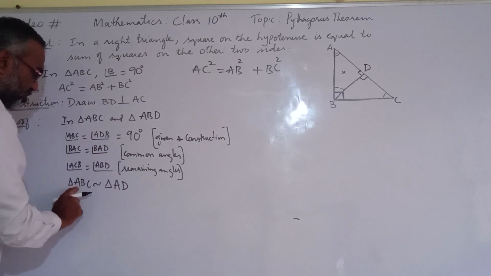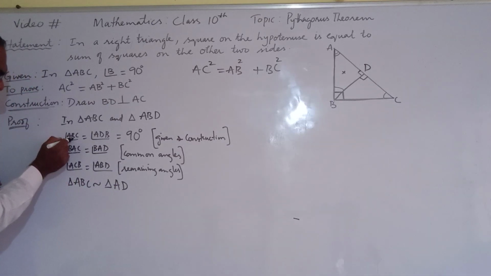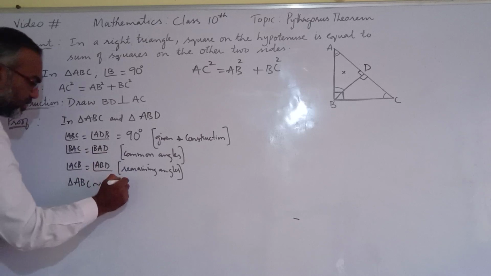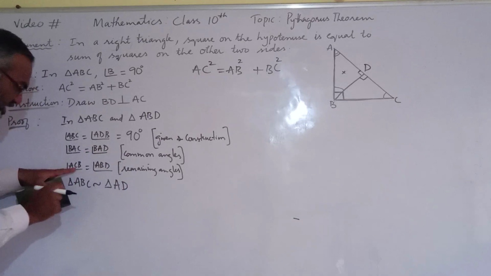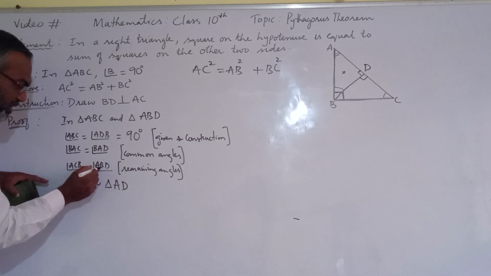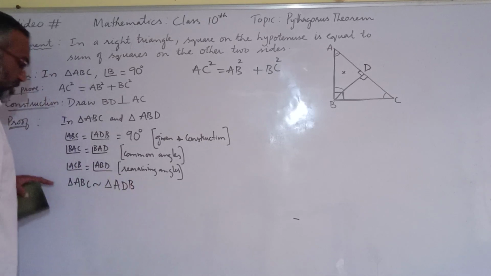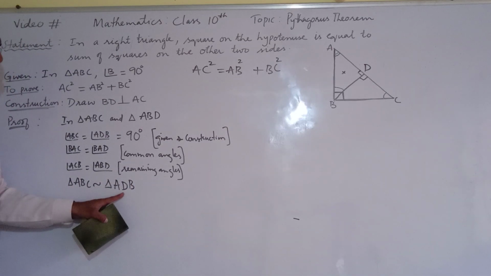So A is corresponding to A, B is corresponding to D, and C is corresponding to B. See the middle letter in these three, the middle letter is B. So triangle ABC is similar to triangle ADB.